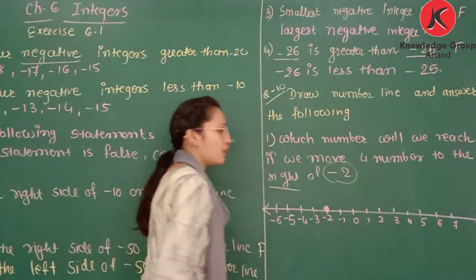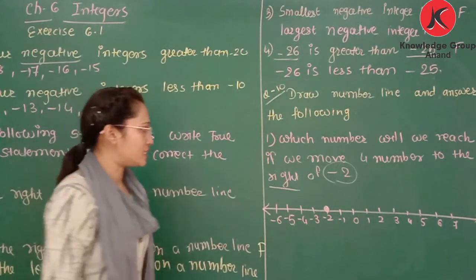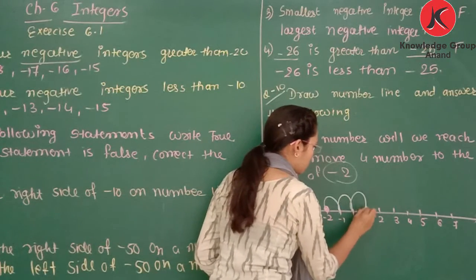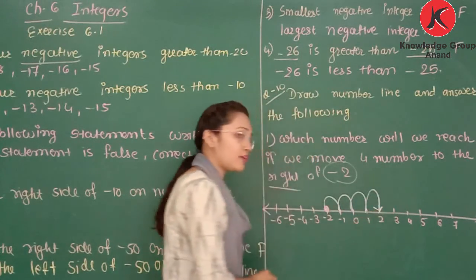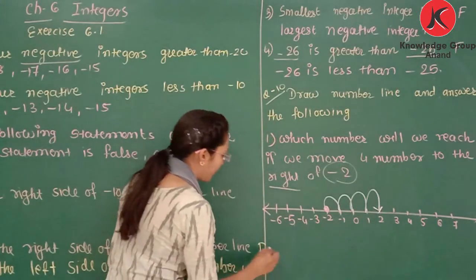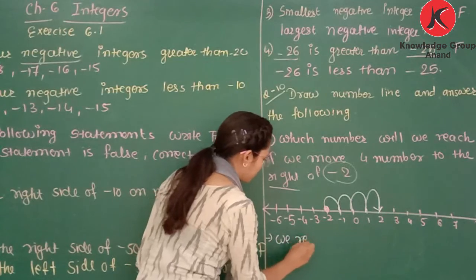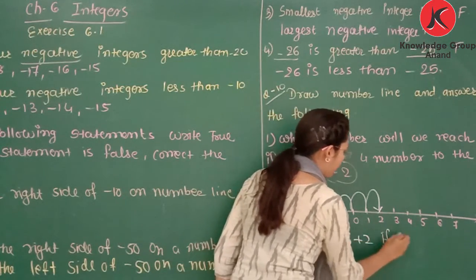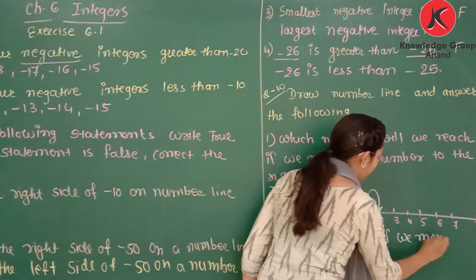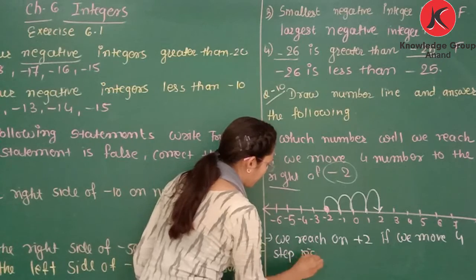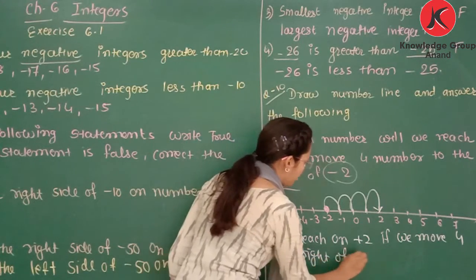It is here. Now 4 steps right side. So first, second, third and fourth. Where do we reach? We reach at plus 2. So we can write we reach plus 2 if we move 4 steps right of minus 2.